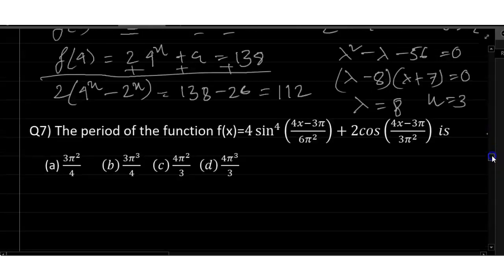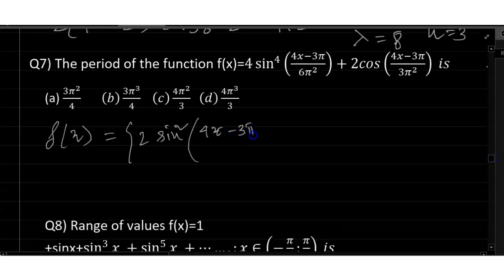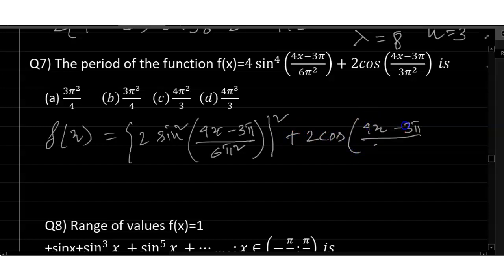Next, f(x) equals ((x minus 3 pi) divided by 6 pi square) whole square plus (4x minus 3 pi) divided by 3 pi square.